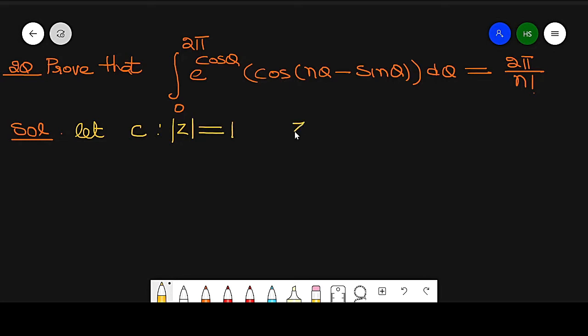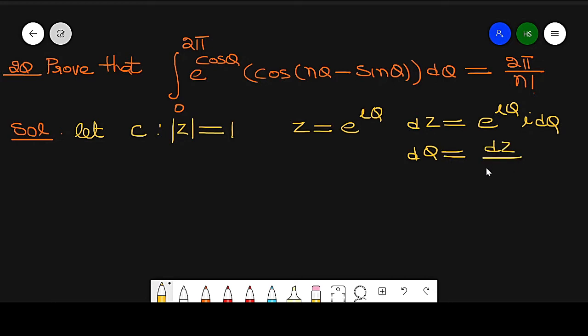It means z is equal to e raised to power iota theta and dz is equal to e raised to power iota theta into iota d theta. So this can be written as d theta equal to dz by iota z.